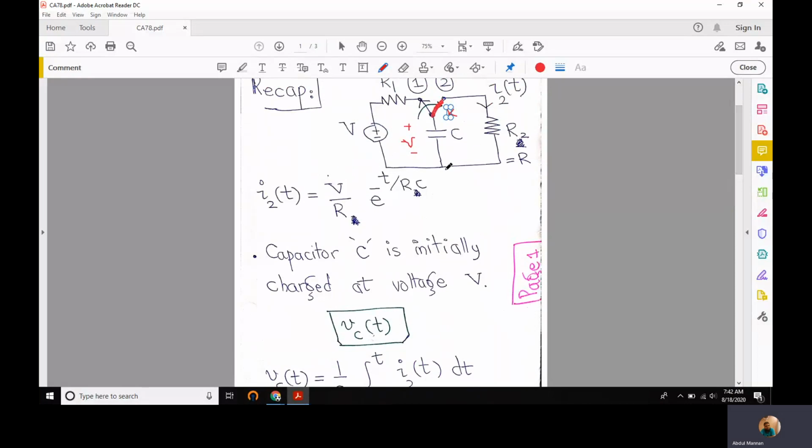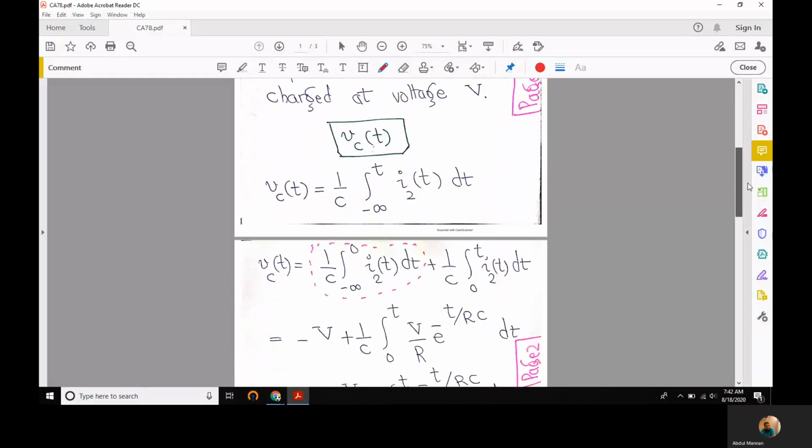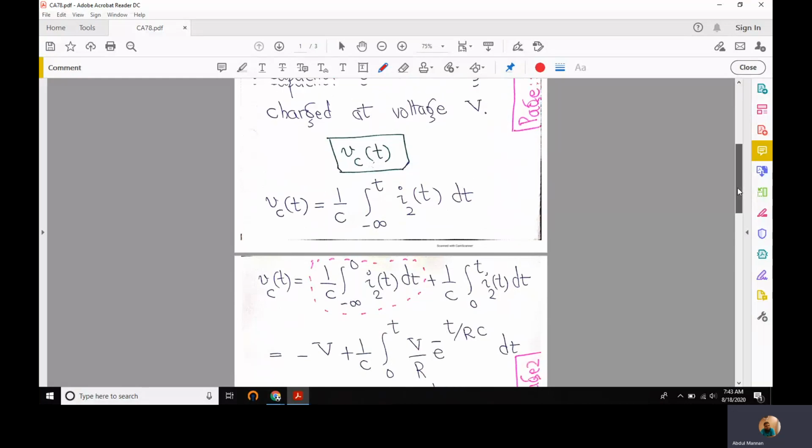And fortunately, we know the expression for the current flowing through this capacitor, because after the switch has been moved to position 2, there is only one current in the circuit because there is only one loop. But this integral is from minus infinity to t to cater for any voltage that is already available across this capacitor, like we have in this case.